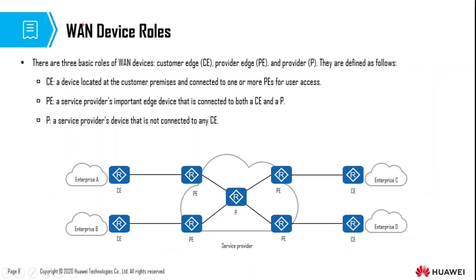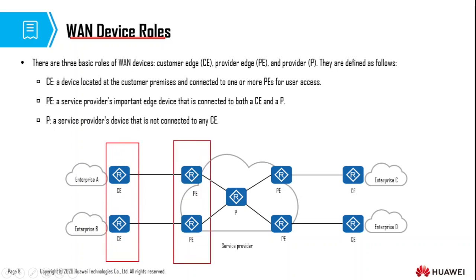So let's look at the WAN device roles. When you're talking about a WAN, we have three types of devices. The first set of devices are the routers that are situated at the customer's premises. These particular routers are referred to as customer edge routers or devices.